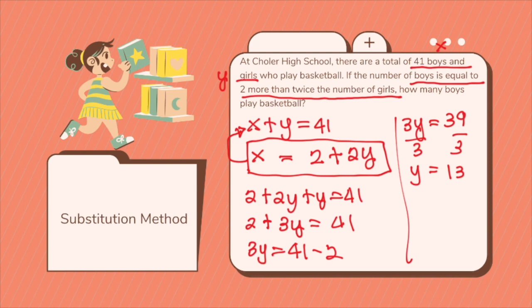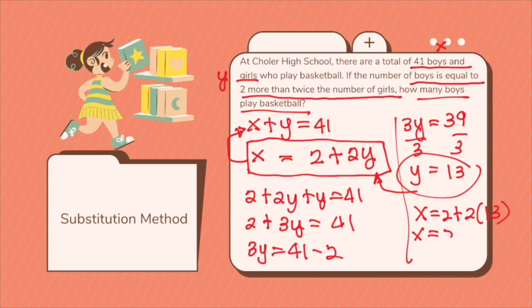Since the question is how many boys play basketball, and we have y as 13, we substitute the y value to equation number 2. So x is equal to 2 plus 2 times 13. That's x equals 2 plus 26. Therefore, the number of boys will be 28. So there are 28 boys who play basketball.